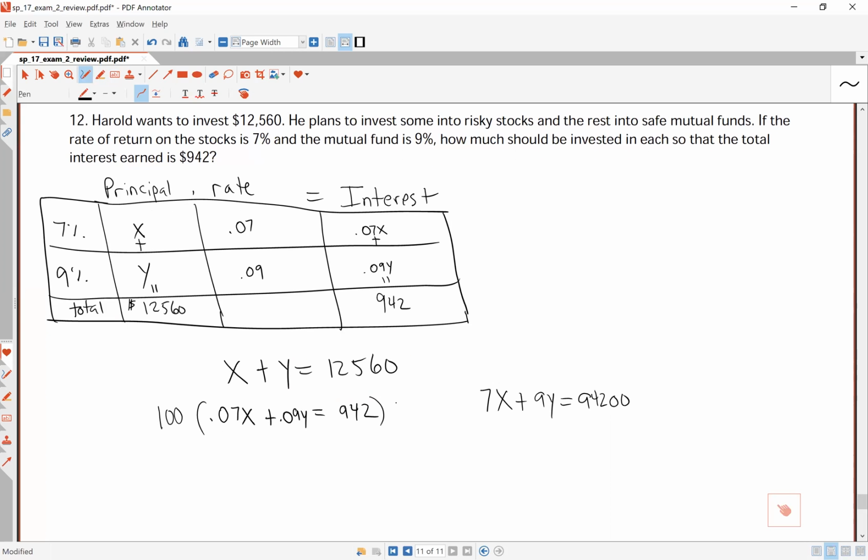To eliminate the x's, I'll multiply the first equation by -7. And 7 times 12,560 is -87,920.